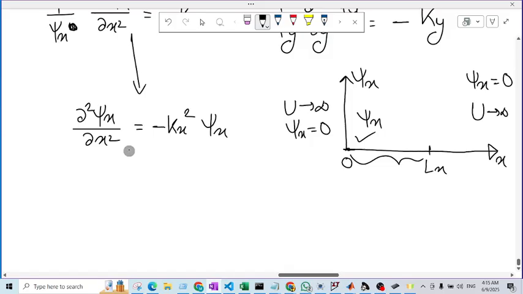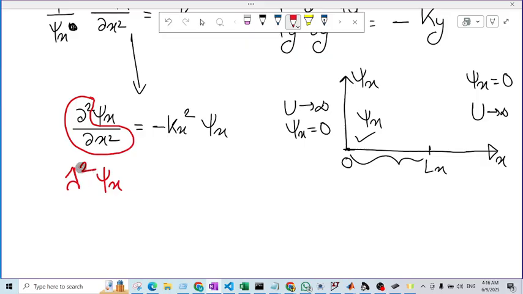Now let's solve this equation. If you know how to solve a differential equation, you know that we have to write d squared. Instead of d squared by dx squared, I have to write lambda squared, then minus kx squared psi x.